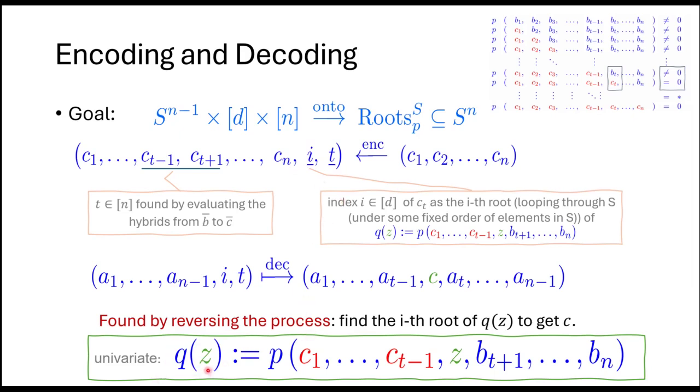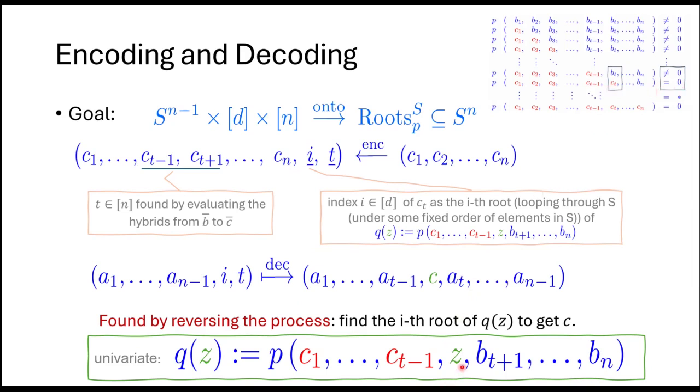We look at this Q, the univariate polynomial, and by assumption, we know that it is a non-zero polynomial, but CT is one of its zeros by assumption.